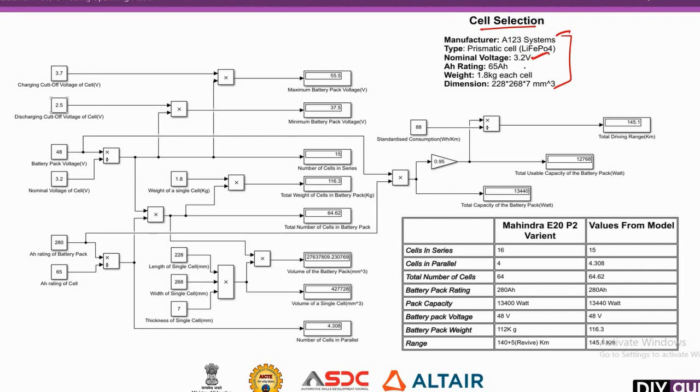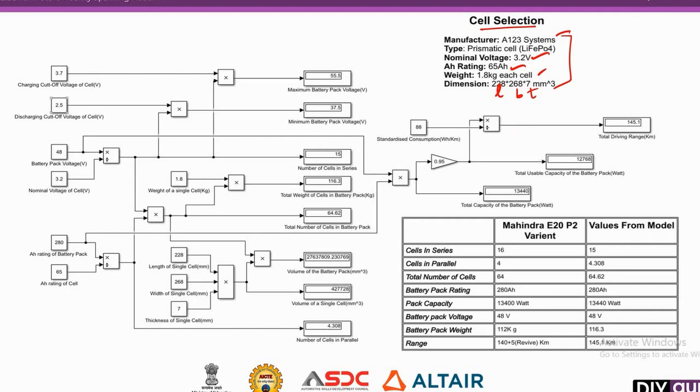The ampere rating of the cell is 65 ampere hour. The weight of each cell is given as 1.8 kgs, and the dimensions are given: length, breadth and thickness. This is the volume.